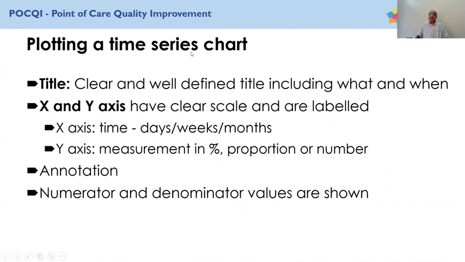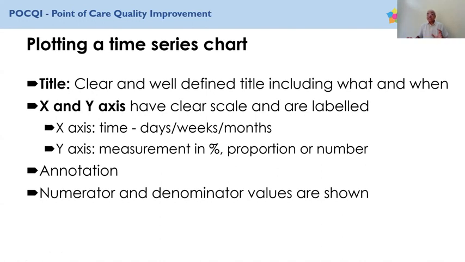So plotting a time series chart is easy. You must just know what you're trying to plot. The title should be clearly and well defined. The X and Y axis have clear scale and they should be labeled. Now, most of the time, 99%, you will be taking time on the X-axis. And that time can be denoted in hours, days, weeks, or months. Generally, we denote it as days or weeks.